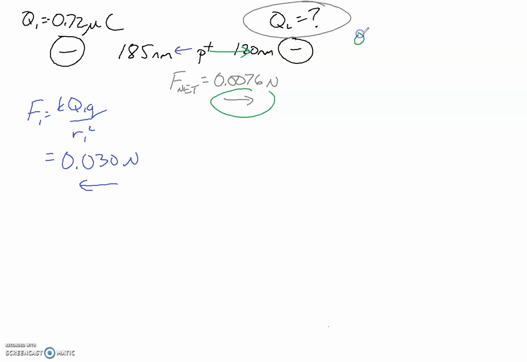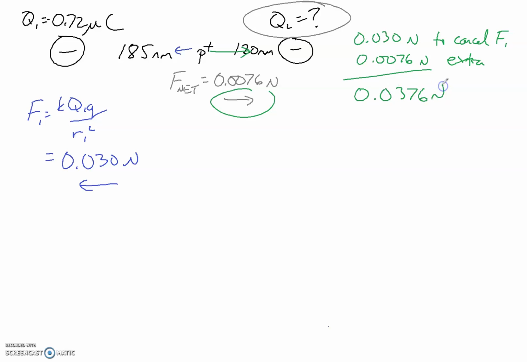So first of all, we would need 0.030 newtons in order to just cancel force number 1. But not only is Q2 canceling out the force from number 1, it's also winning with another 0.0076 extra force, so to speak. So if I put those two together, it's got to be pulling with 0.0376 newtons altogether.